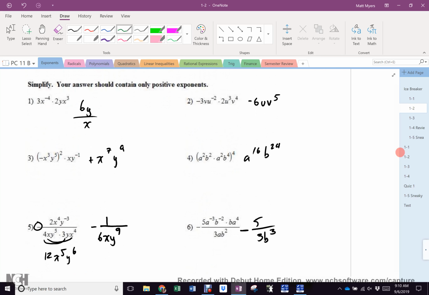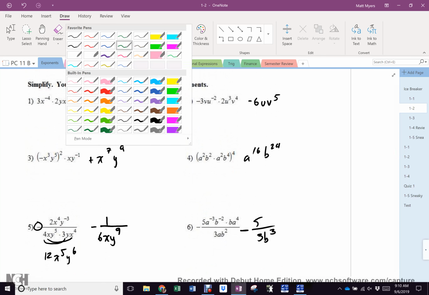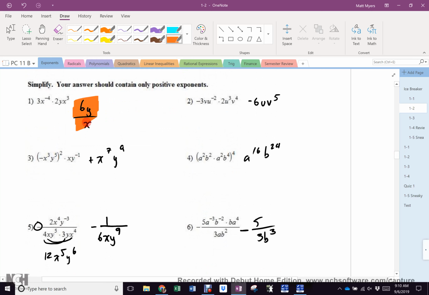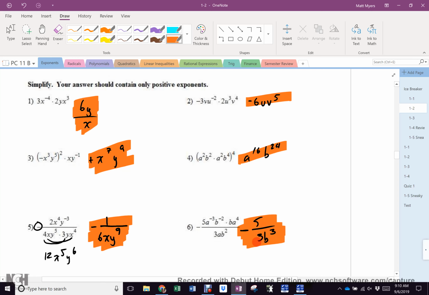Okay. 1, 2, 3, 4, 5, 6. Any questions? I'm going to highlight in orange. I don't know why I put a positive sign there. Questions?